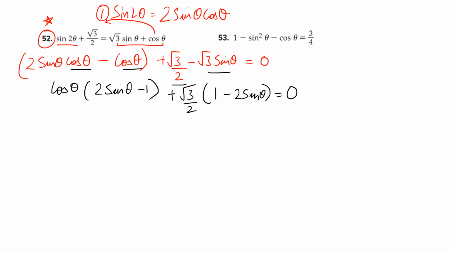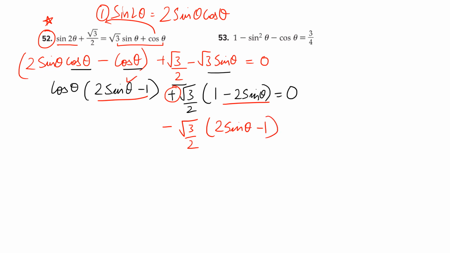Now you must be wondering why I'm doing this, and it will be very clear to you if you see these two terms. Can you see these two terms are the same and they just differ by a negative sign? So I will change the sign here, make it negative, and flip this term so it becomes the exact same 2 sine theta minus 1.